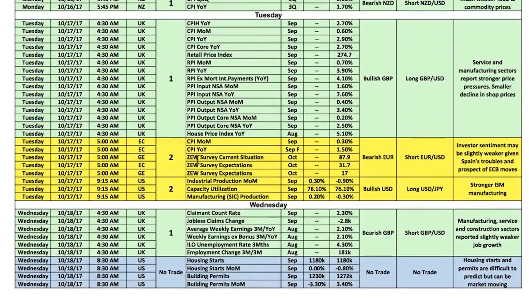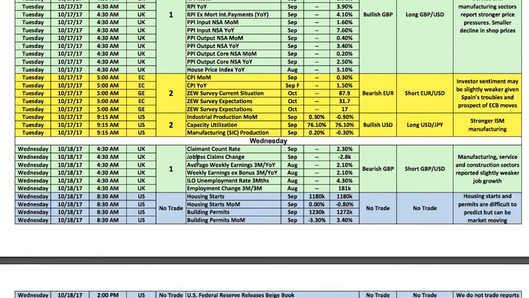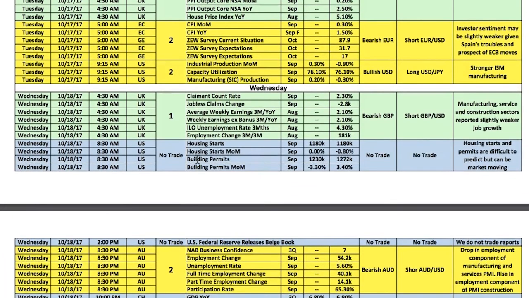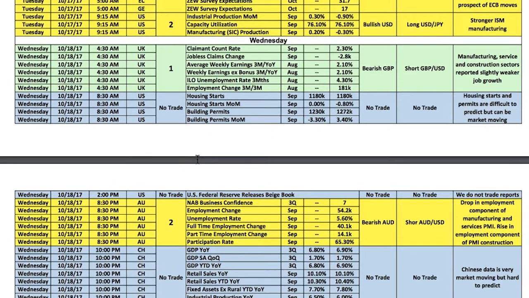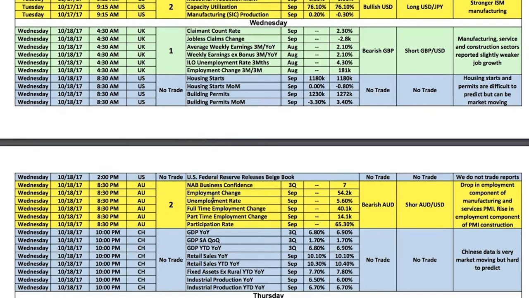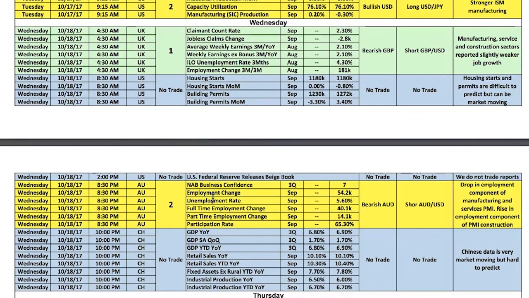In Australia, there are a couple of data points. We have the minutes on Tuesday, which I don't think are on this calendar, and then of course the employment change. What's interesting is that the RBA has moved slightly left, meaning it's become much more dovish in its stance, with some RBA members even suggesting the possibility of a rate cut rather than a rate hike as the next step.